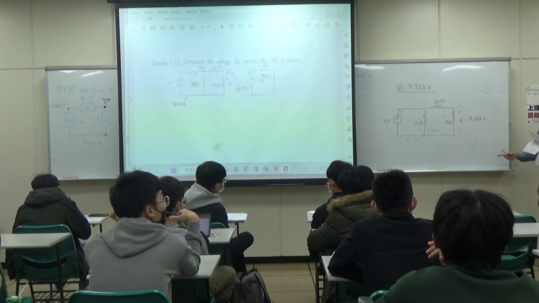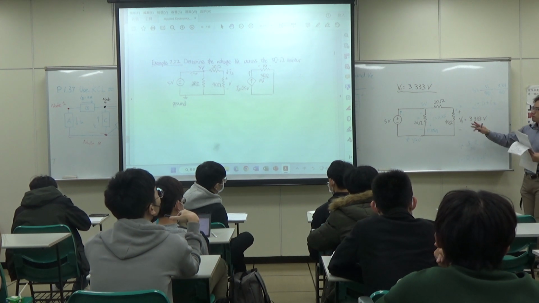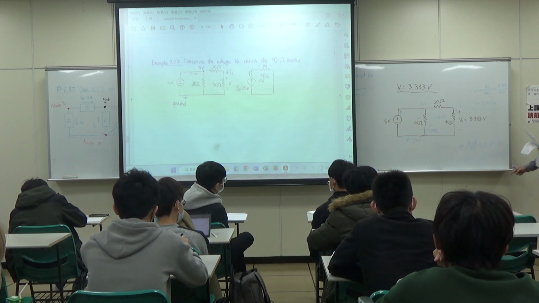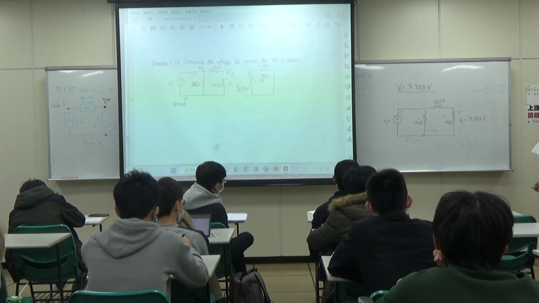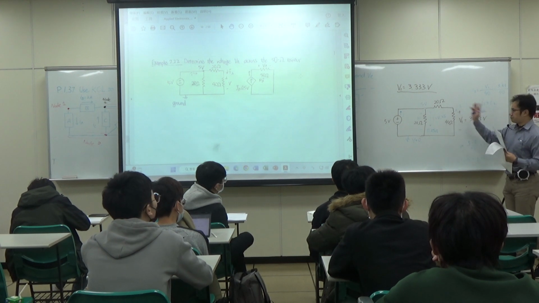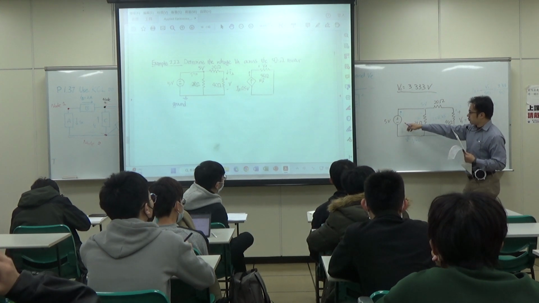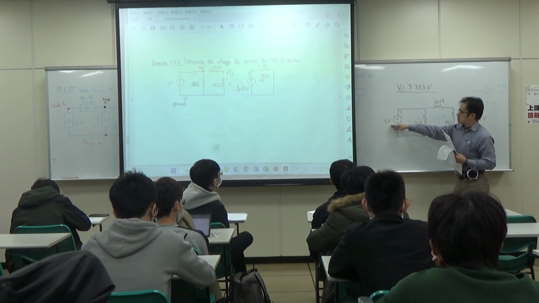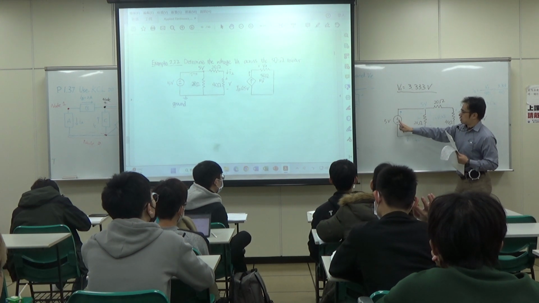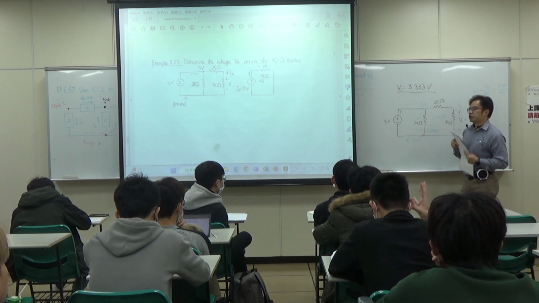So yes, by KVL, KCL, and Ohm's law, we can solve all the currents and all the voltages inside a circuit. Okay, so here, look at the voltage source, and yes, there's a current flowing from the voltage source, but we don't know its value.